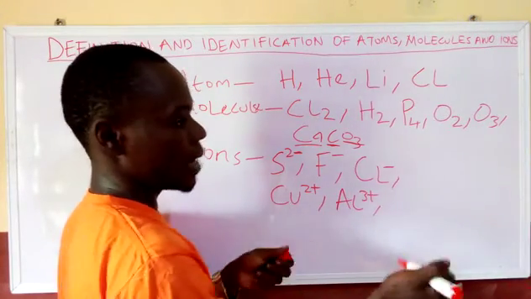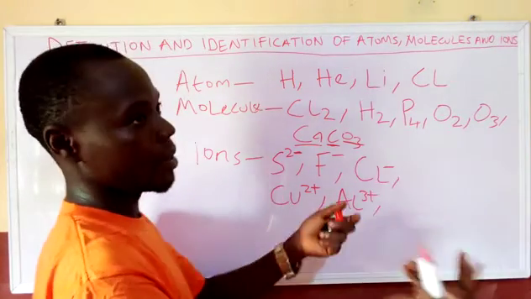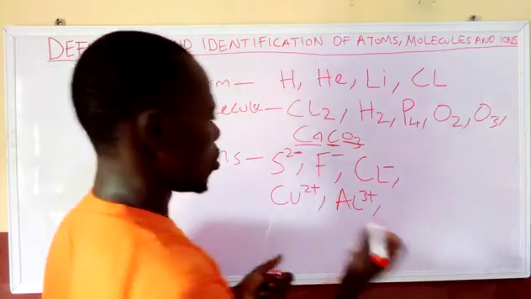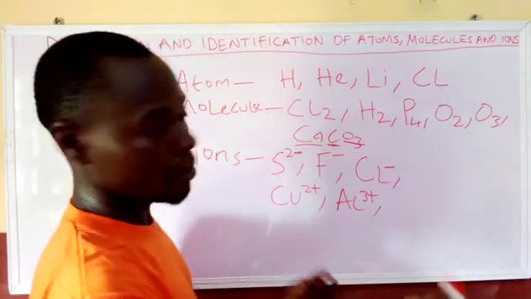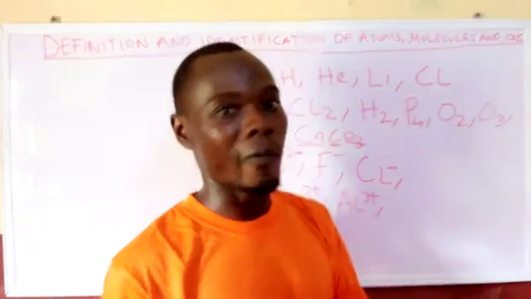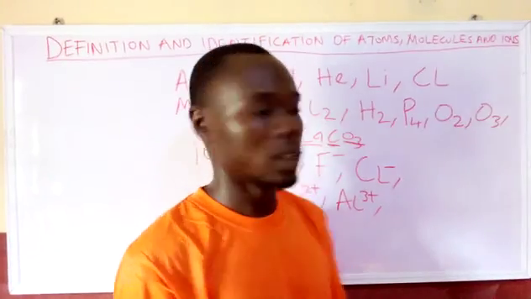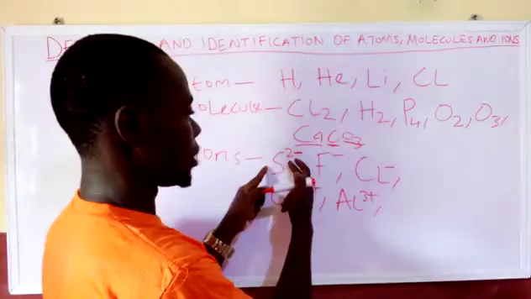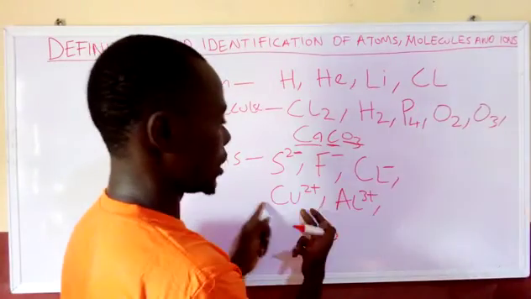Now when you have several atoms combined together and they have a charge, what you have is a compound ion. Don't forget, we describe ions as an atom or group of atoms that have electric charge. These are single atoms.